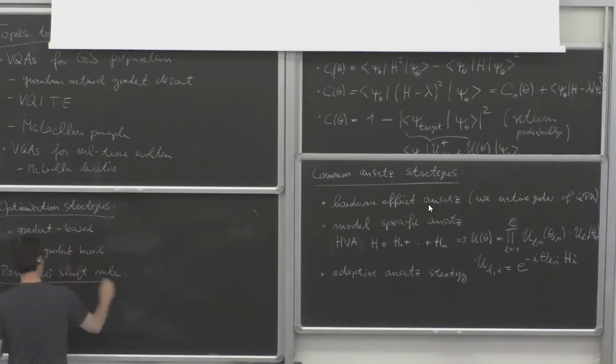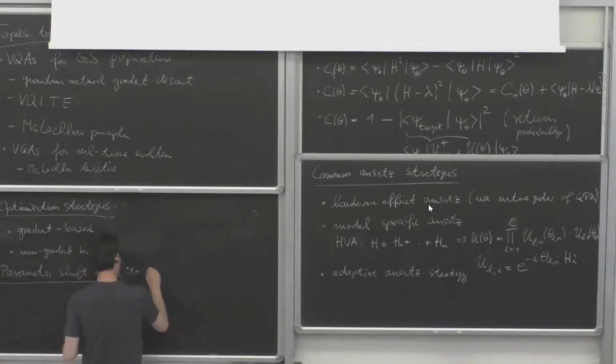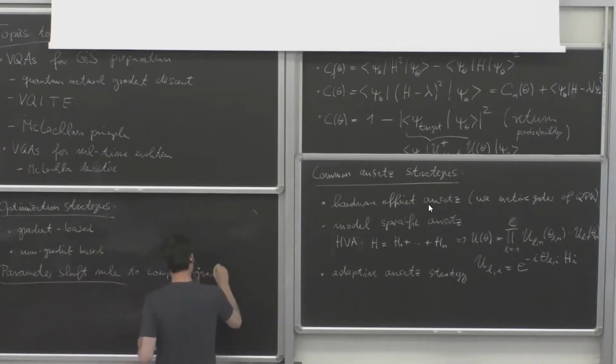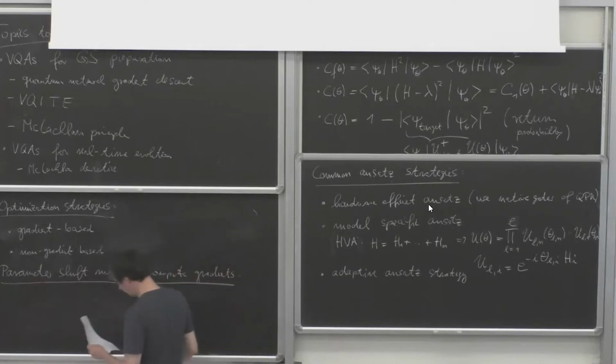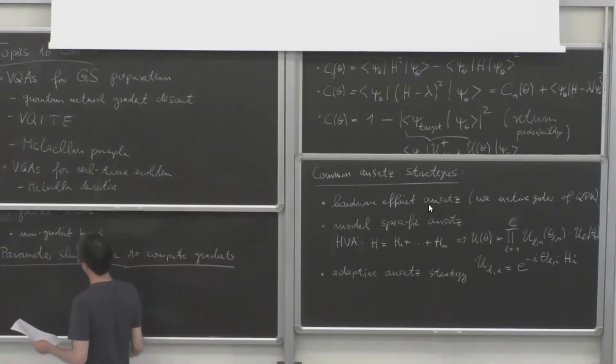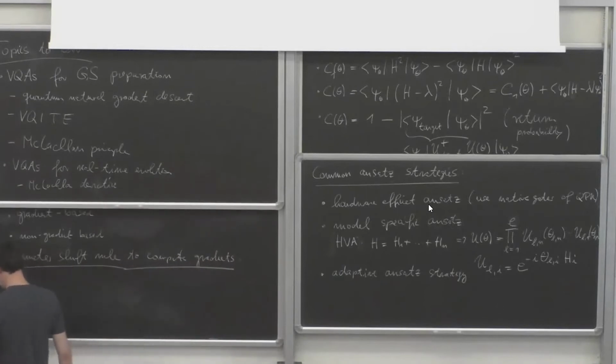Parameter shift rules to compute gradients. This works for certain ansätze. It's a little bit more general than what I will use here, but let me confine myself to ansätze of this form, which are also very relevant. So it's not too bad.